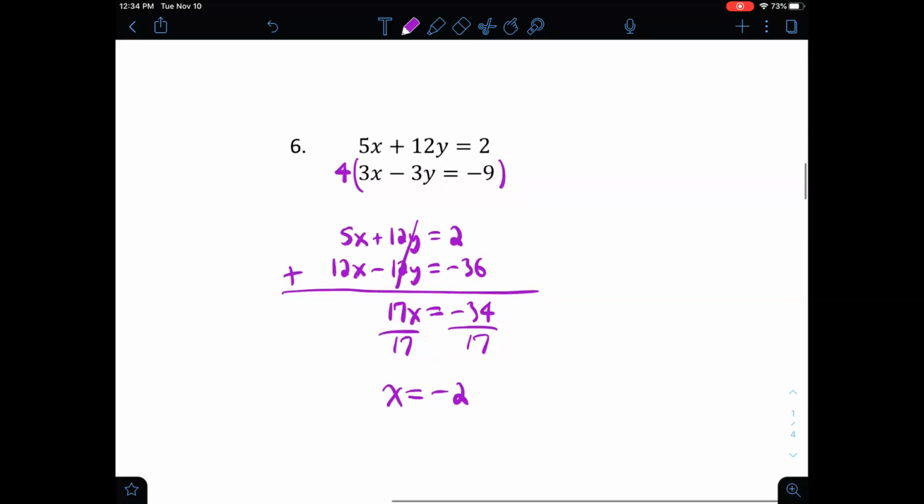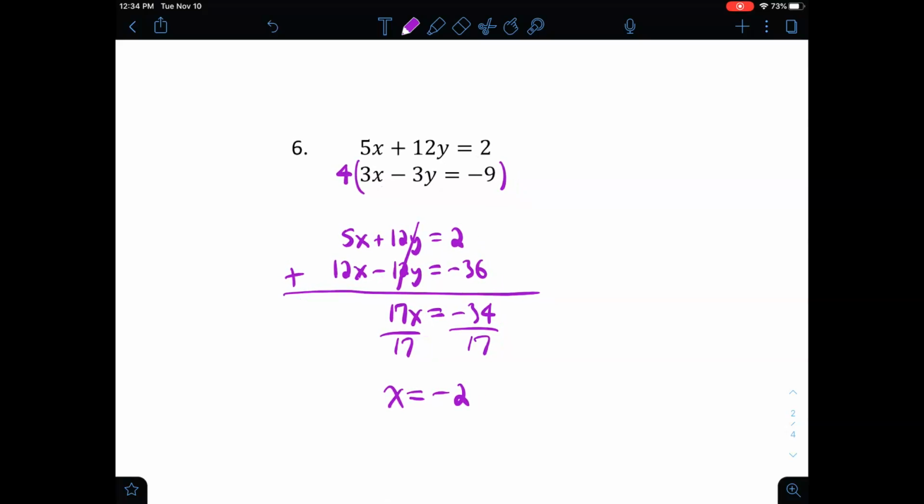And then we have to plug one of those numbers into the original equation to solve. I'm going to plug into the top equation. Actually, I'm going to rewrite that. Give me a second. So we're going to write 5x plus 12y equals 2.